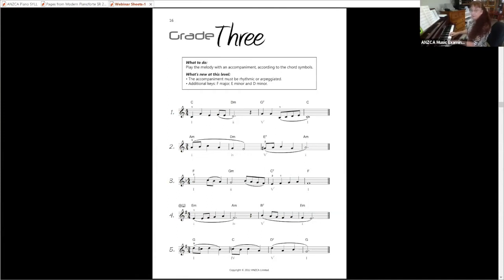But what we do after that is do the arpeggiated bass or the chord bass. You see, that's what we learn ahead of time. So it would be going something like this.